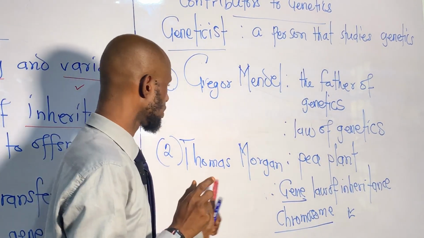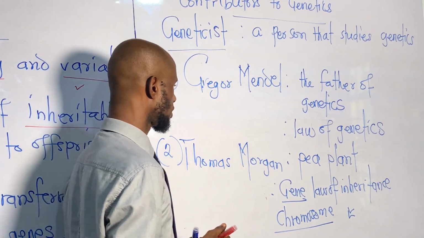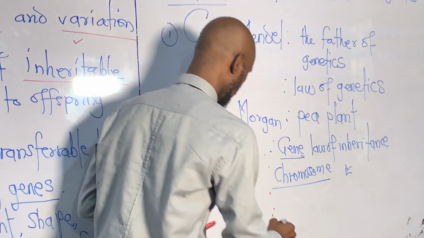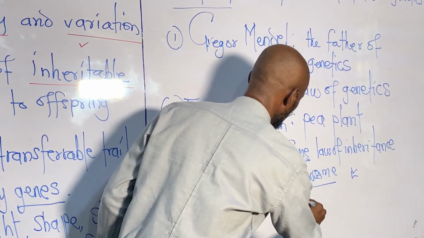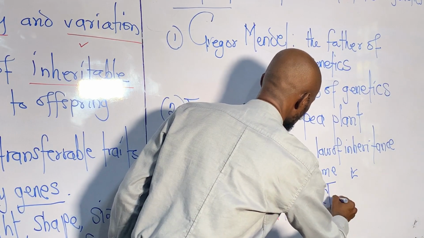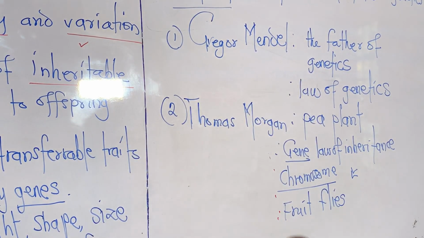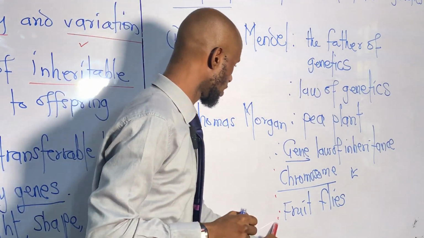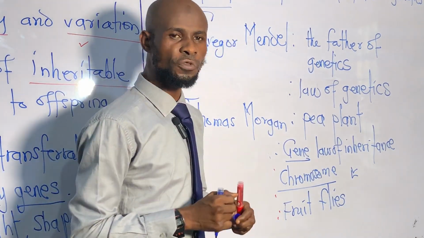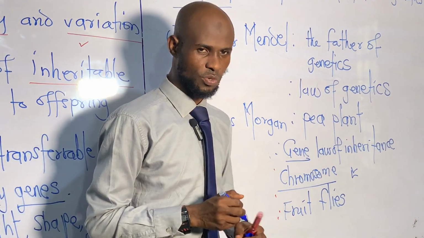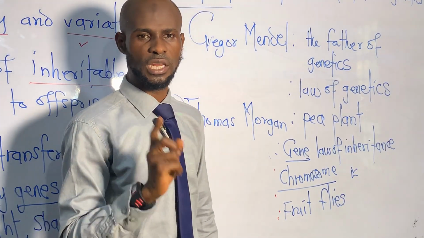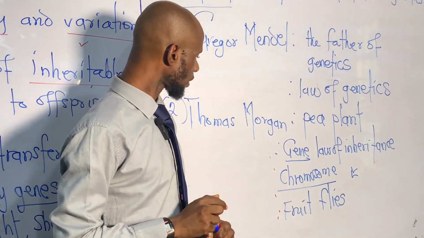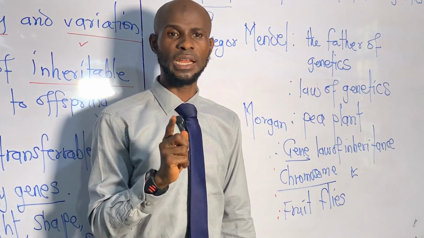And Thomas Morgan used what is called the fruit fly. Don't forget that Gregor Mendel used the pea plant, while Thomas Morgan used the fruit fly. You're going to see this in the past question. And the scientific name for the fruit fly he used is called Drosophila melanogaster.